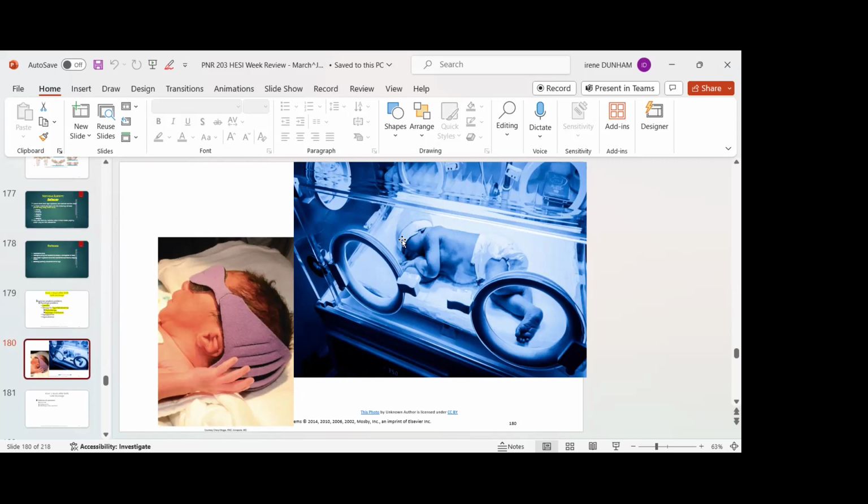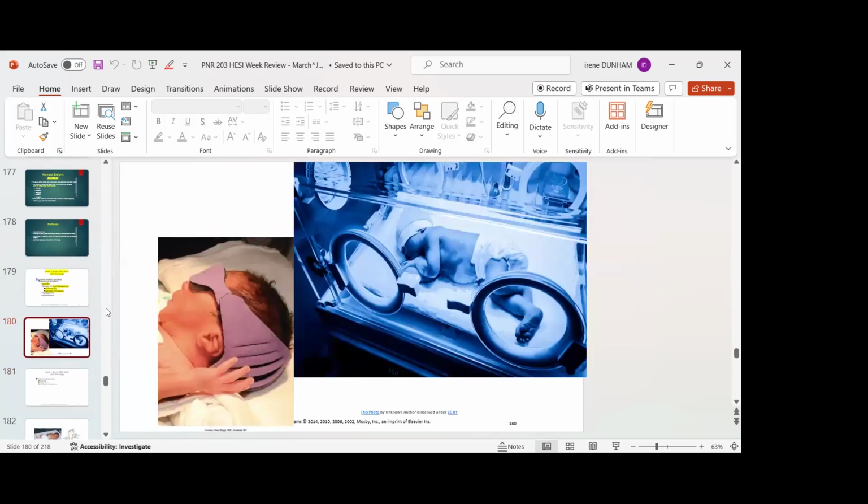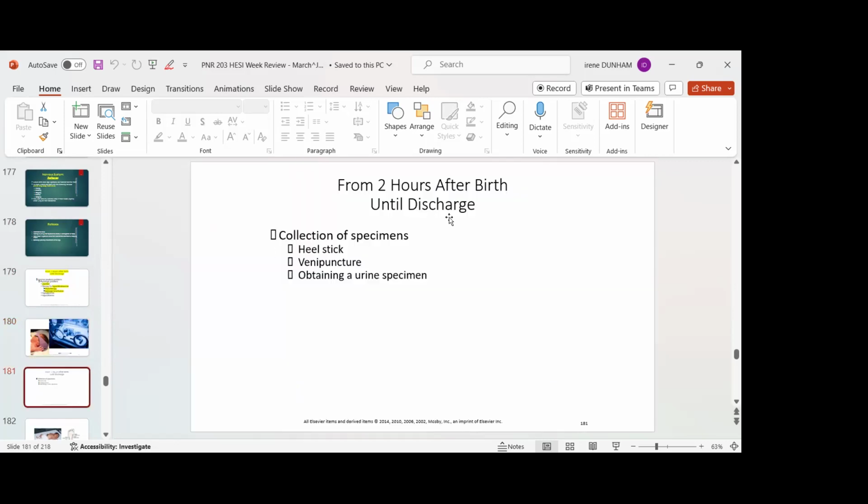That's also a good HESI question, because you don't want to harm their eyes being under ultraviolet light. That's your treatment, and you always want to make sure that babies under phototherapy have plenty of fluids.